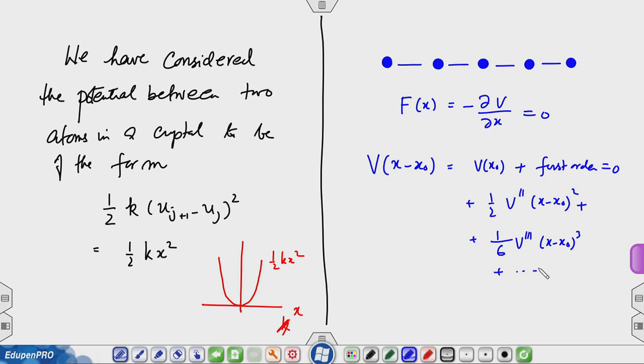What is the effect of these terms on the system? And the effects are very important.